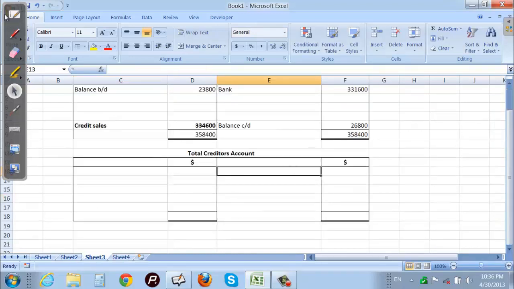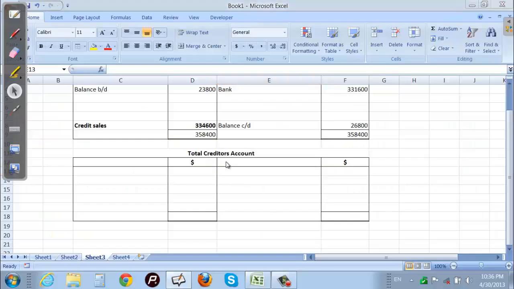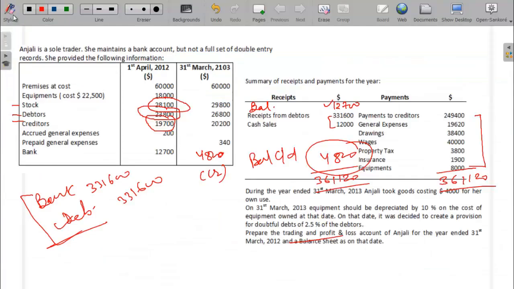In this total creditors account, first I will take opening creditors. See, these are creditors. Opening value is 19,700. So first I will write this opening balance. Creditors always show credit balance brought down, and the amount is $19,700.